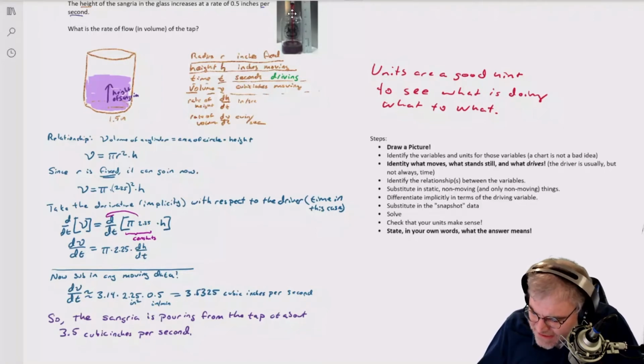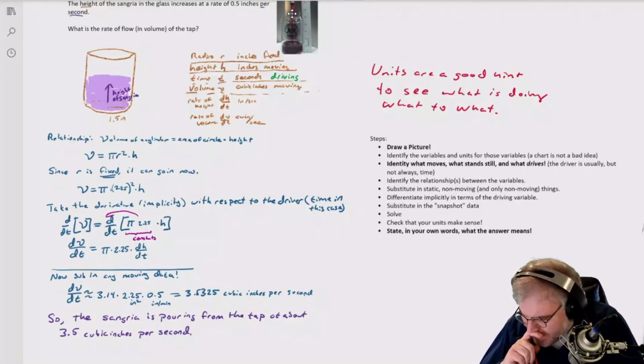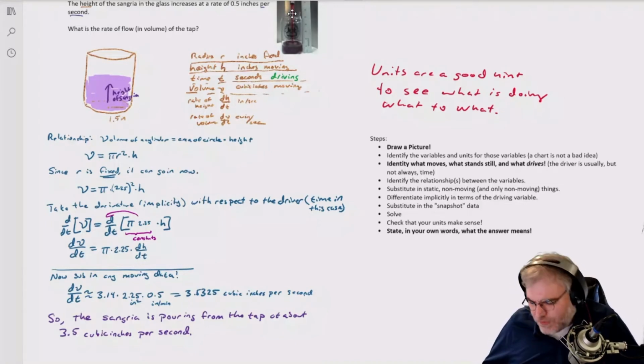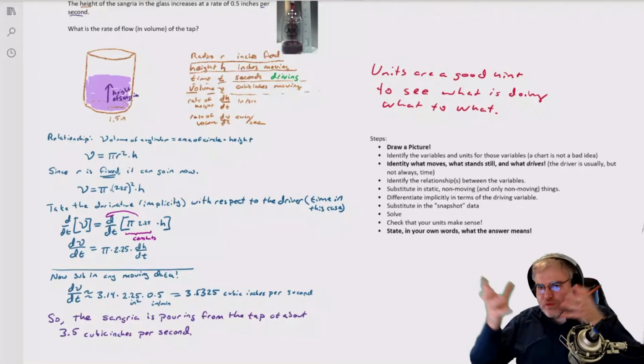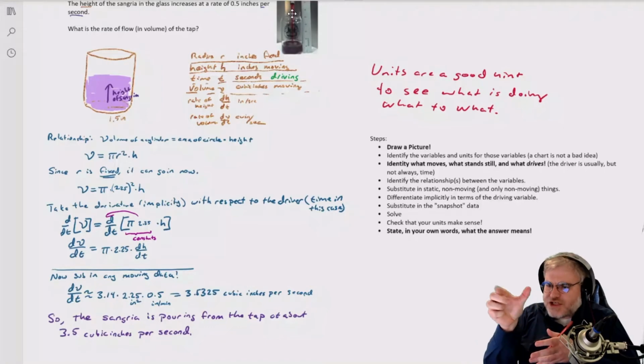Now, I sub in the static stuff first, but only the static stuff. And we'll get to what the difference is in just a moment to be sure here. So the radius was fixed, right? It never moved, so it went here. Now, if this had been a problem with something like a cone, the radius would have been changing as the height of the water increased.